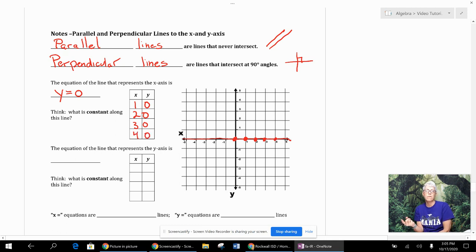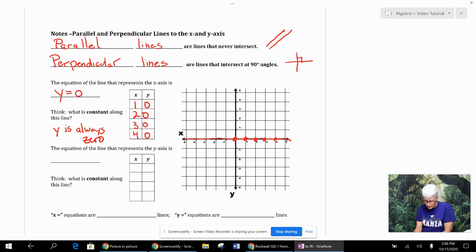So it's easy for me to confirm if I'm having to name the x-axis as an equation of a line, and can't remember if it's x equals 0 or y equals 0. Just name a couple points on the line, and you'll see the y is always 0. That is the name of the equation, y equals 0. So y is always 0.